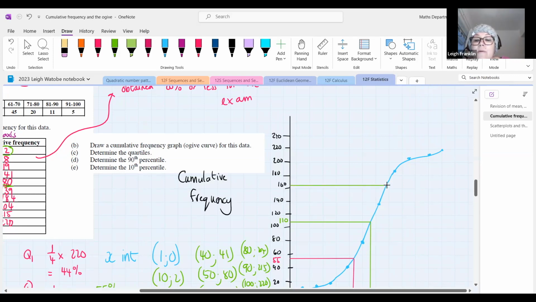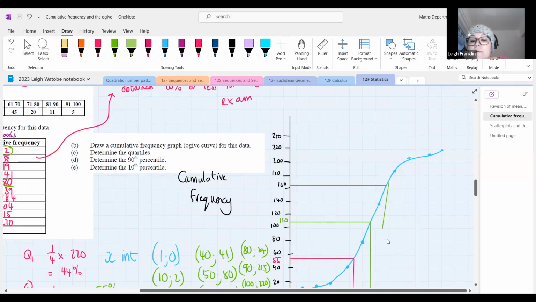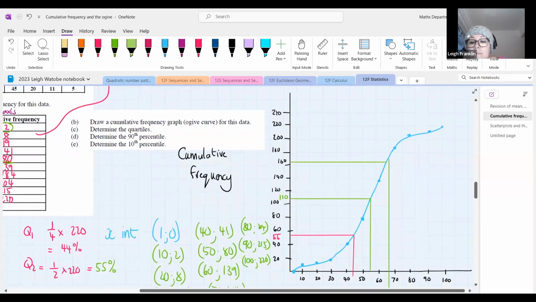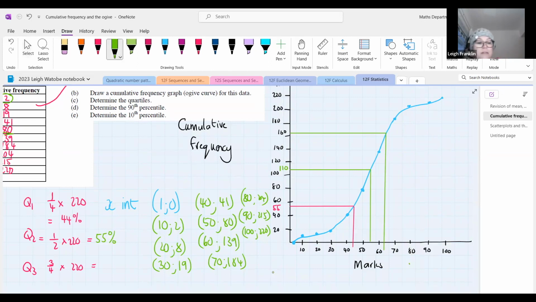Again, we would go over and then down. That looks about 62% or whatever.